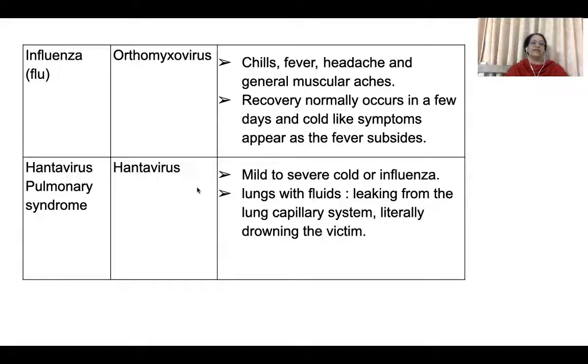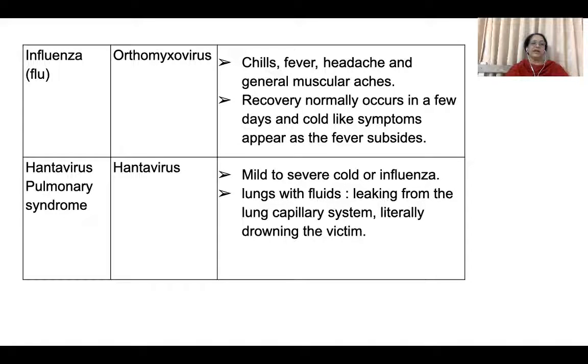Next category is hantavirus, and the name of the disease is hantavirus pulmonary syndrome. Majority of symptoms during the infection by hantavirus are like severe cold or influenza, while in a person having better immunity, a milder form of infection may be observed.